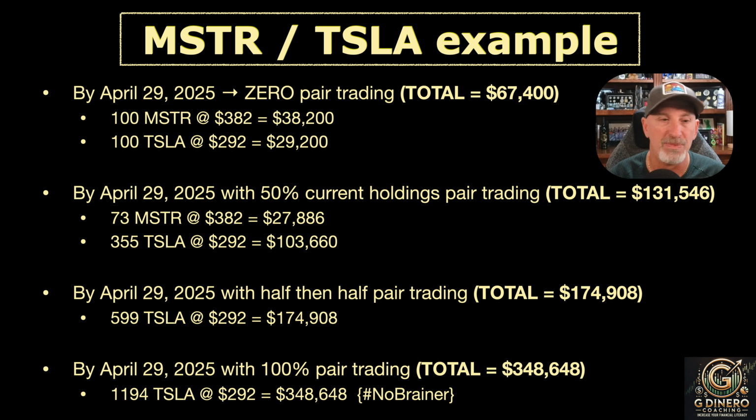But it gets better. If instead you swung 100% of the bag back and forth and back and forth, and you started with 100 MicroStrategy and 100 Tesla back in March of 2024, that was worth $31,500, you would be left with 1,194 Tesla shares at $292 a share, which is $348,648, or an 11x almost on your money, a 10x on your money, from 31,000 to 350,000 almost.